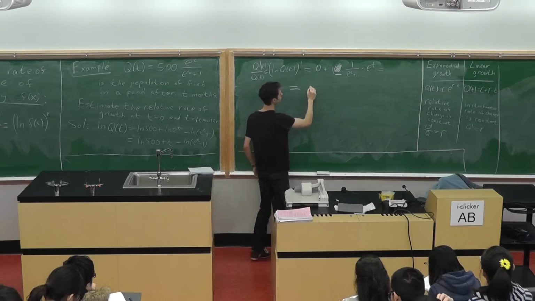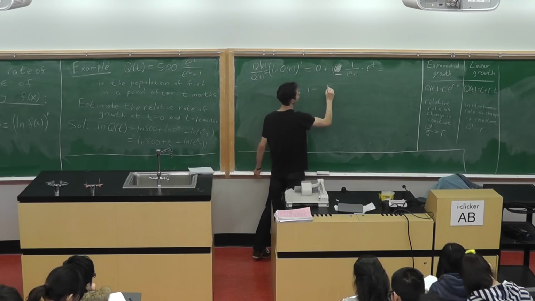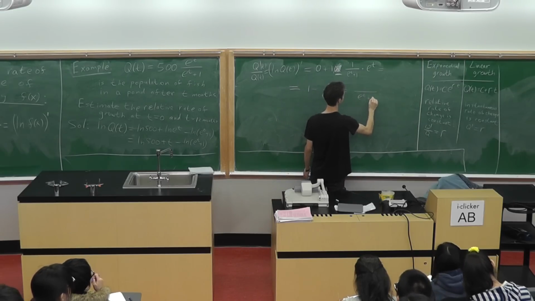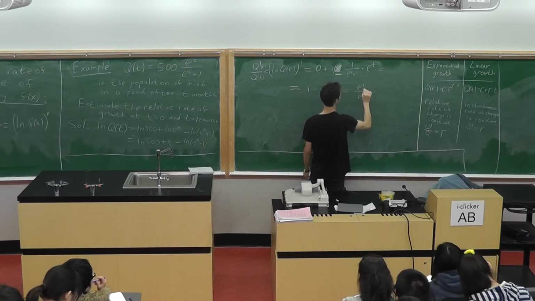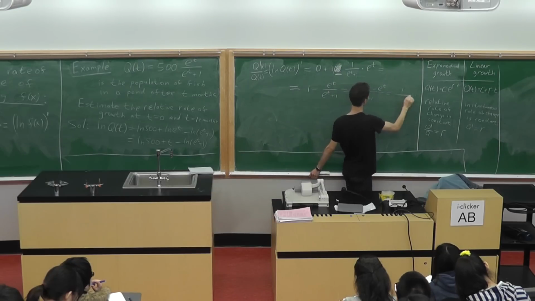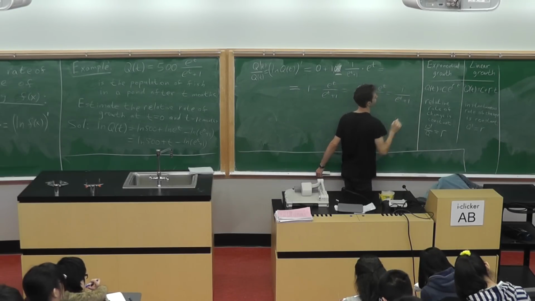Okay, so let's simplify it a little bit. It's 1 minus e to the power t divided by e to the t plus 1. Let me bring it to the common denominator. So it's 1 divided by e to the power t plus 1.